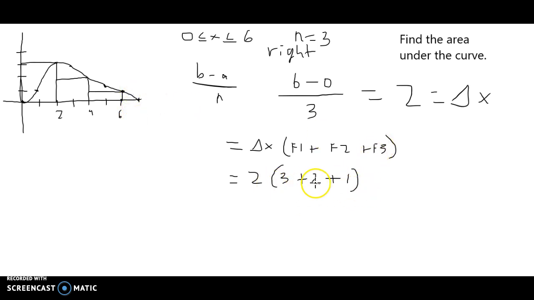So 3 plus 2, guys. 5, yeah, you're right. Plus 1, 6. Good job. What's 6 times 2? 12. So it'd be 12 units squared. We just do units squared since we don't have any units. And so that is basically the method of finding the area under the curve using right-hand approximation.